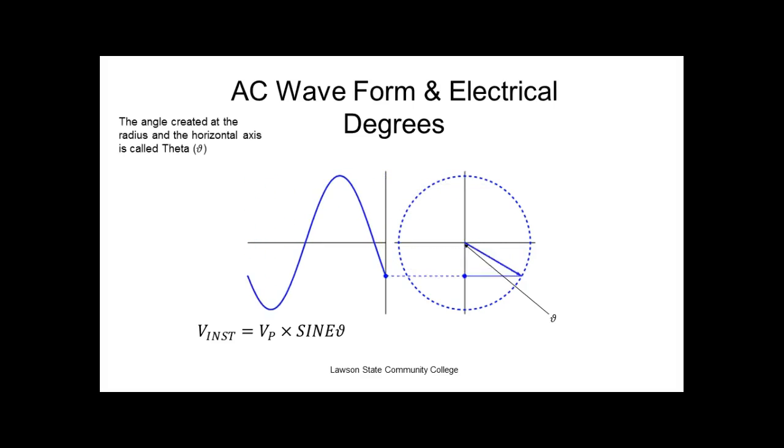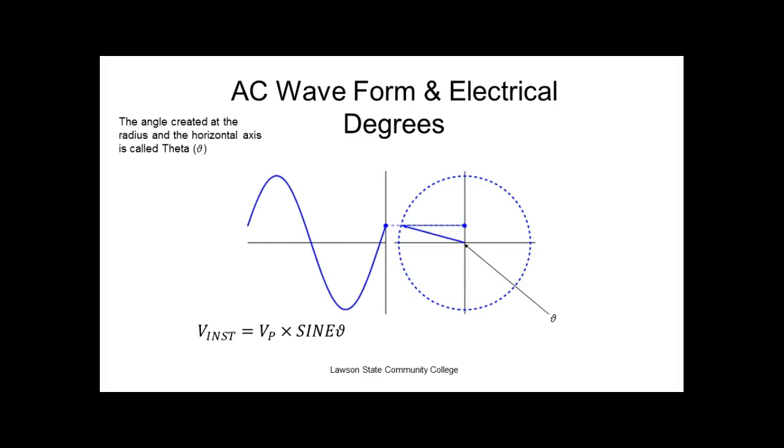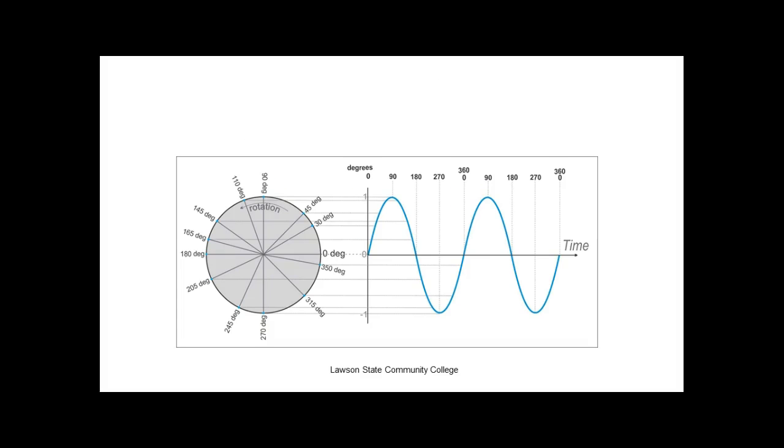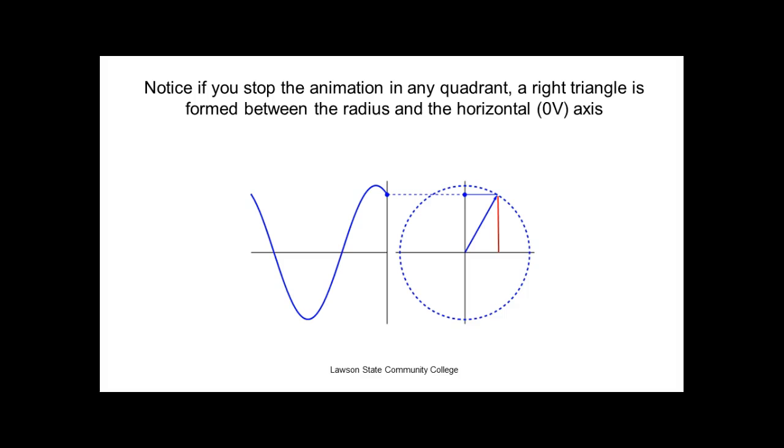The angle created at the radius of the horizontal axis is called the angle theta. Any point on this, if I drop a vertical from that, which represents that voltage right there, what type of triangle does this create? It creates a right triangle. This right here, the hypotenuse, is always equal to VP.